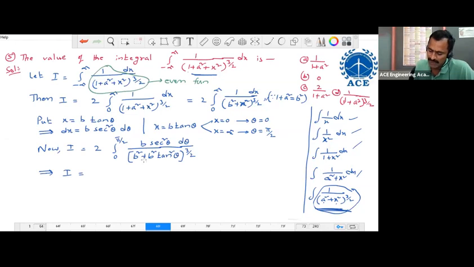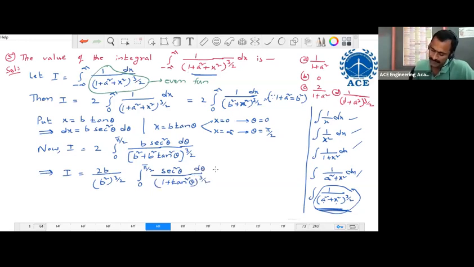From the denominator, b square is common. 2b divided by b square power 3 by 2, integral 0 to pi by 2 of secant square theta divided by (1 plus tan square theta) power 3 by 2 d theta.